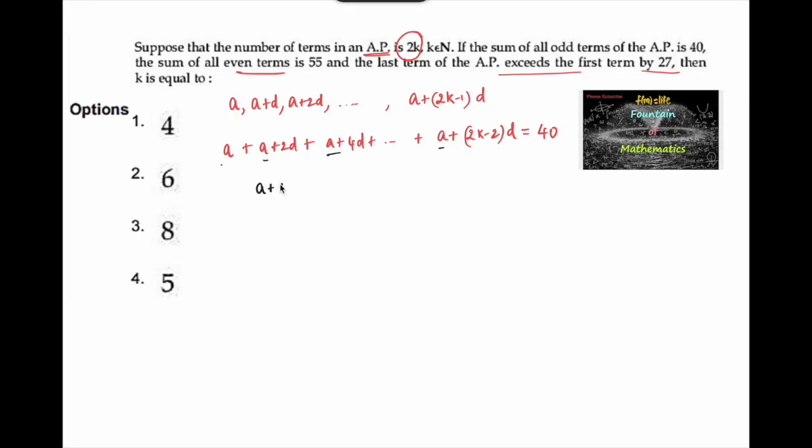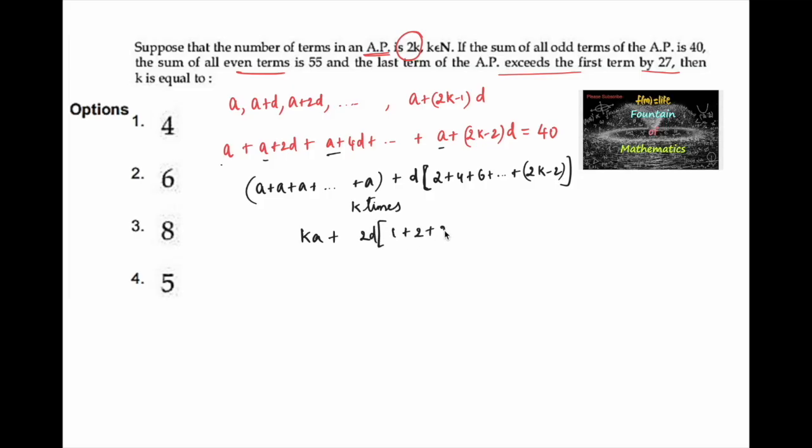So let me write separately a plus a and so on plus a. So this is k times, plus again d taken common. So here we'll get 2 plus 4 plus 6 plus and so on up to 2k minus 2. So if I take 2d common, 1 plus 2 plus 3 plus and so on up to k minus 1.